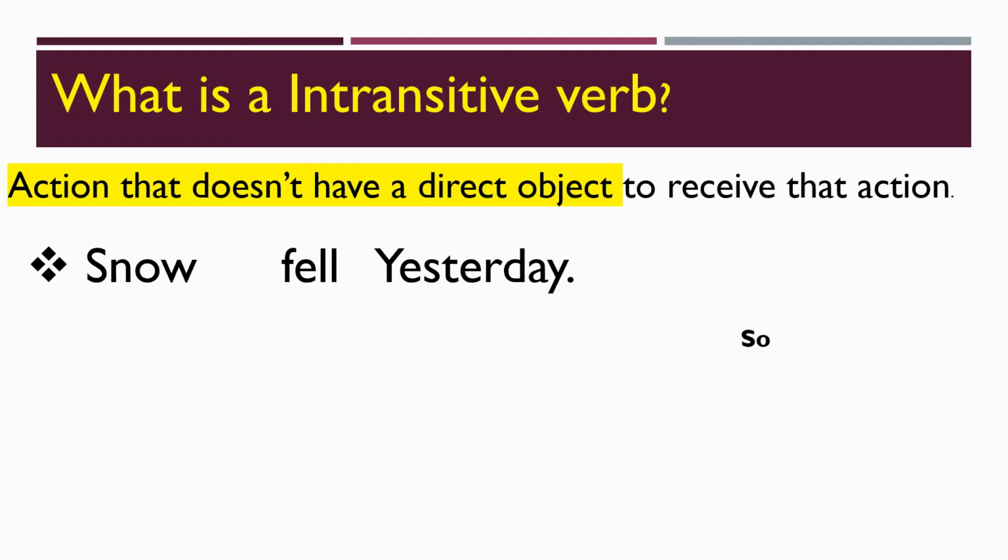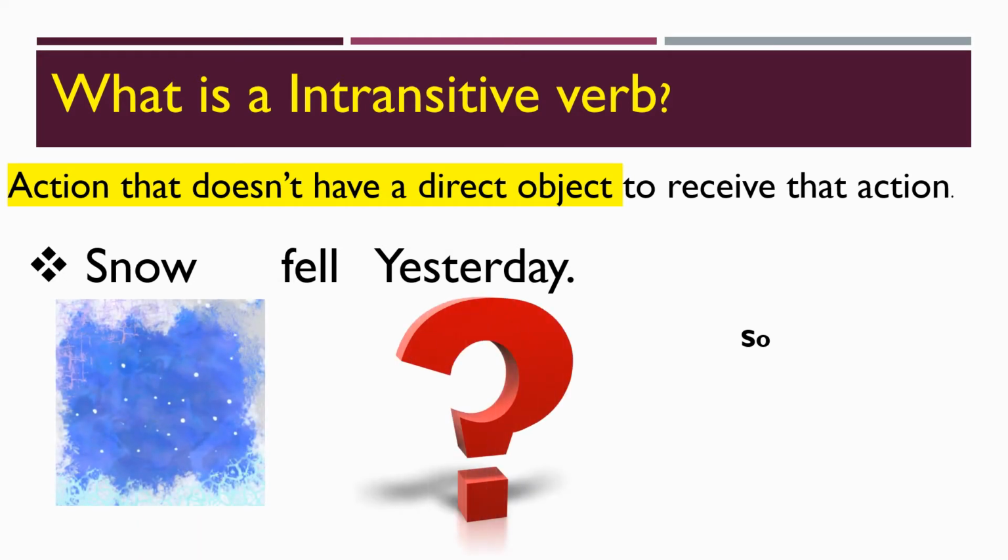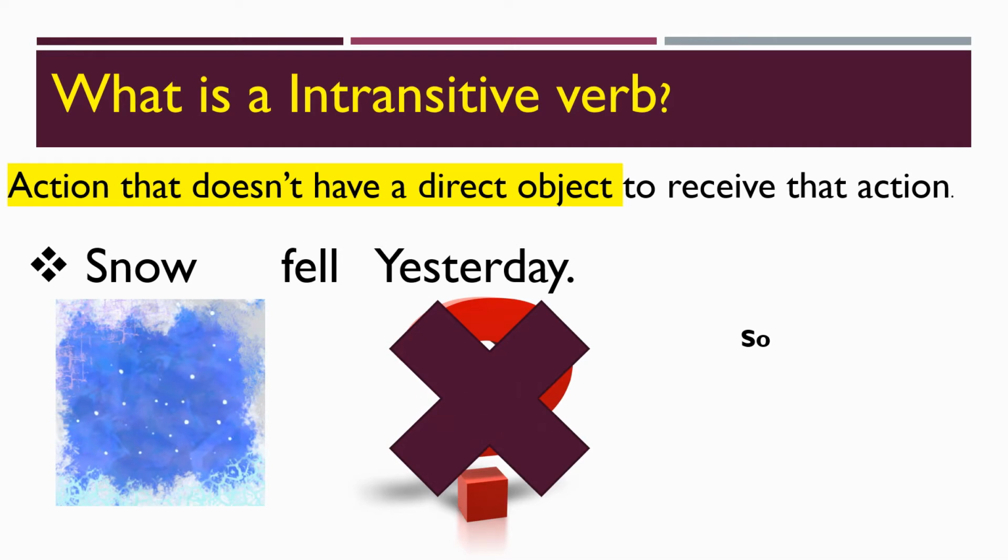For example, snow fell yesterday. Snow is a subject and fell is the action, but we cannot say that snow fell on home. In other words, there is no direct object to receive the action.